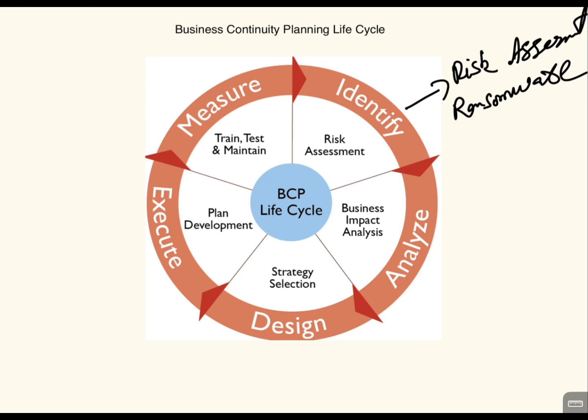Then the second step is analyze. Analyze means we need to do business impact analysis. We also call it BIA. Here we need to determine which systems and processes are critical.